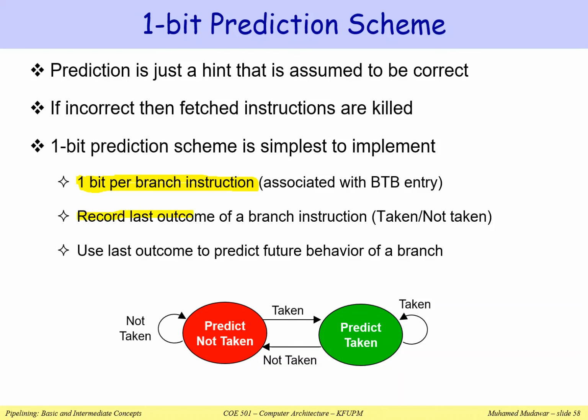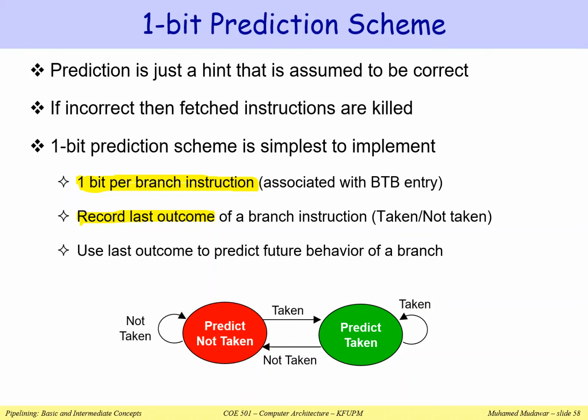So if the last outcome was not taken, we store a 0. If the last outcome was taken, we store a 1. So 0 here means that we are predicting the branch to be not taken, and 1 means that we are predicting the branch to be taken.